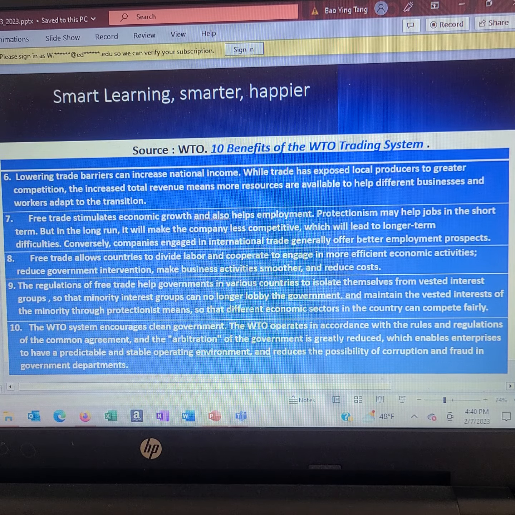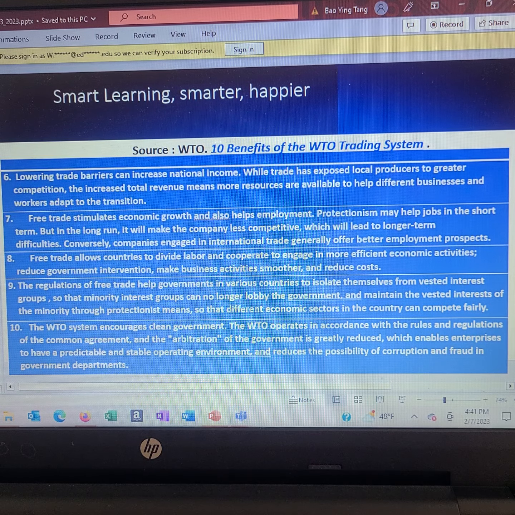Seventh, free trade stimulates economic growth and also helps employment. Protectionism may help jobs in the short term, but in the long run, it will make the company less competitive, which will lead to long-term difficulties. Conversely, companies engaged in international trade generally offer better employment prospects.